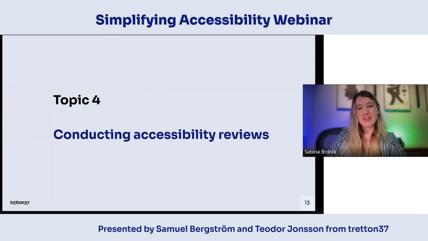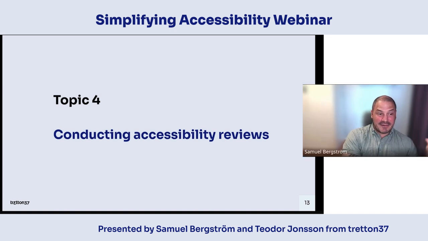But what would you say are the key components of a digital accessibility review? I think I just mentioned that. It's kind of like the four, right?